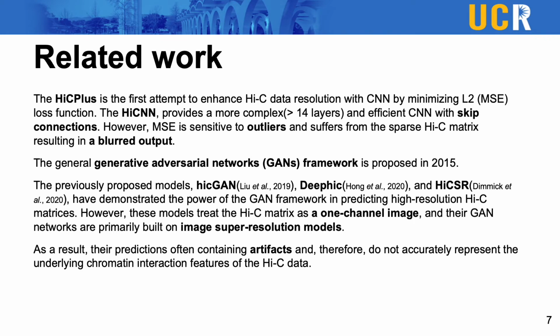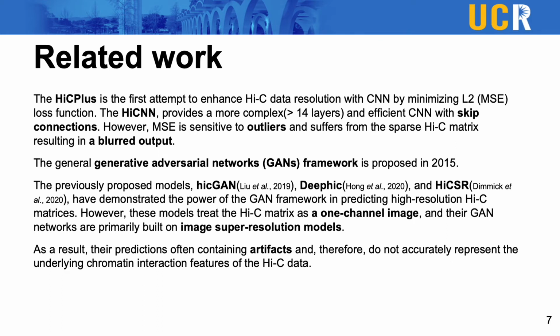Several methods have been developed to enhance the resolution of the Hi-C matrix. HiCPlus and HiCNN are two convolutional neural networks that enhance the resolution by minimizing the L2 loss function. However, the L2 loss function is sensitive to outliers and suffers from the sparse Hi-C matrix, resulting in a blurred output. The previously proposed models, HiCGAN, DeepHiC, and HiCSR, demonstrated the power of the GAN framework in predicting high-resolution Hi-C matrices.